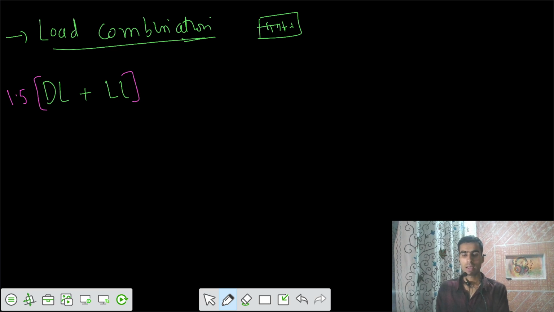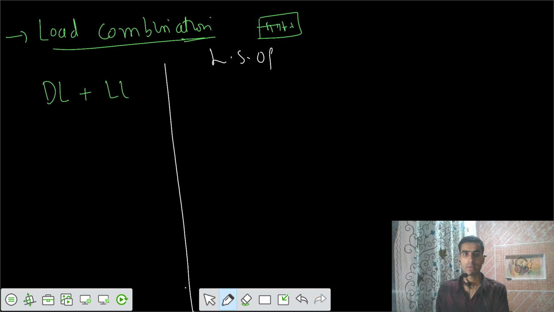Let's write it separately so we can have a clear picture. So this is the load combination from this side, and after that we say there is some limit state of collapse, and from the other side we say there is some limit state of serviceability.